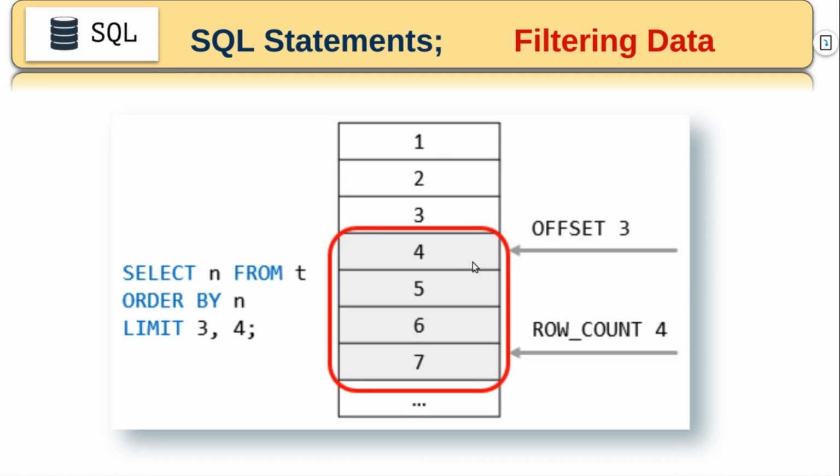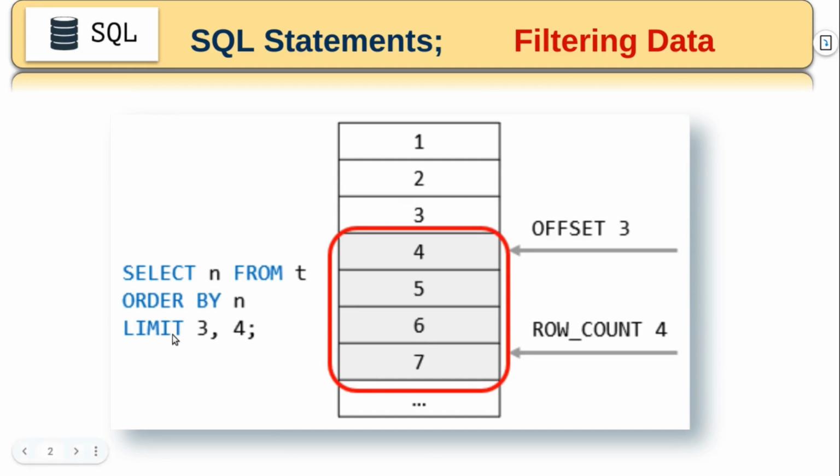According to this query, select n from T order by n limit 3, 4; we select this column from this table, and the data is ordered in ascending order, because by default it is ascending.